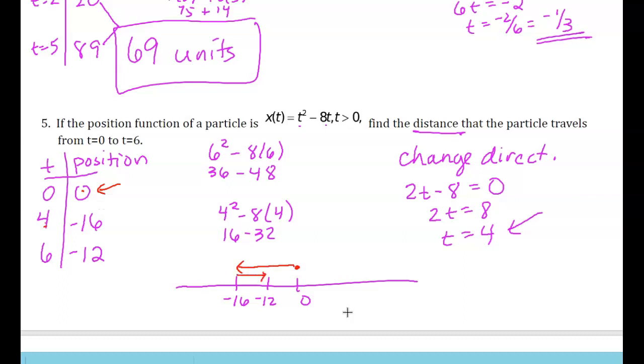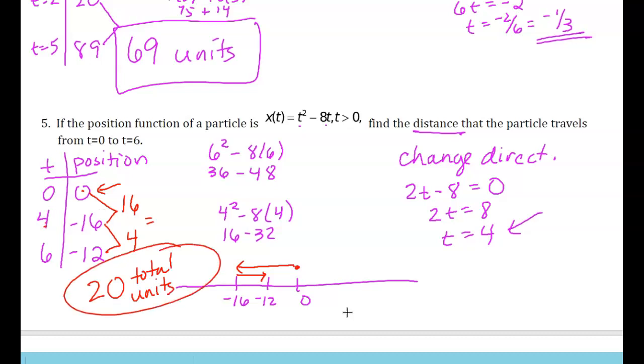So I actually moved to the right. And that's not what I originally thought because I hadn't found any other information to contradict myself. So really, I moved 16 units here and 4 units here. I want just the total distance that I moved. So we actually moved 20 total units. Okay, you see how that works?